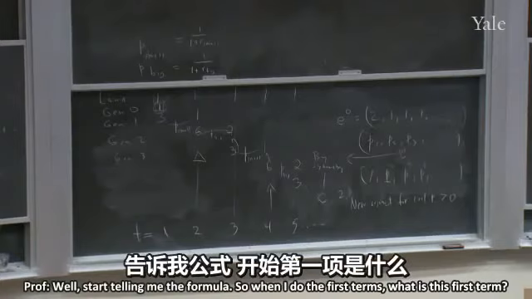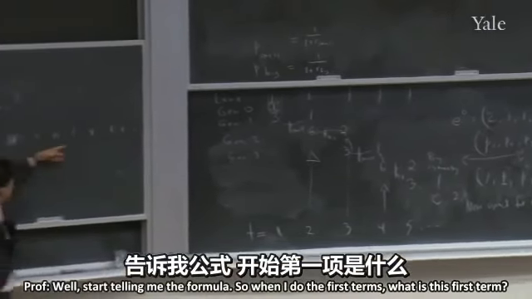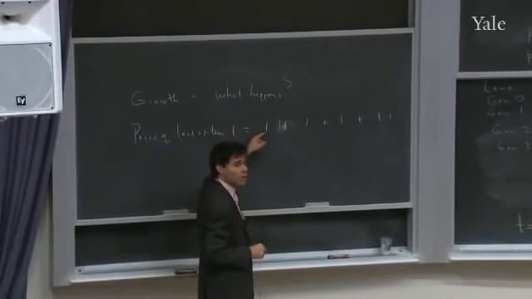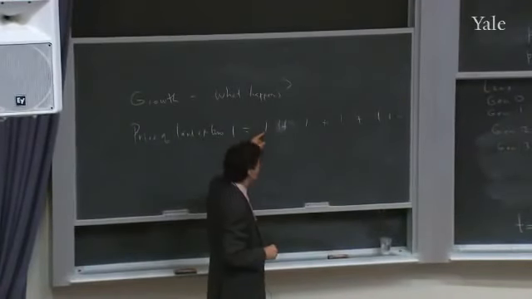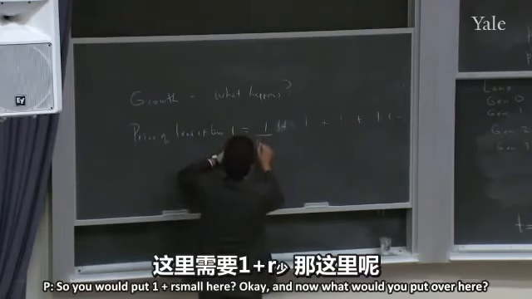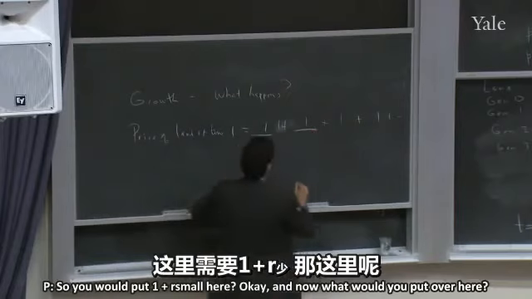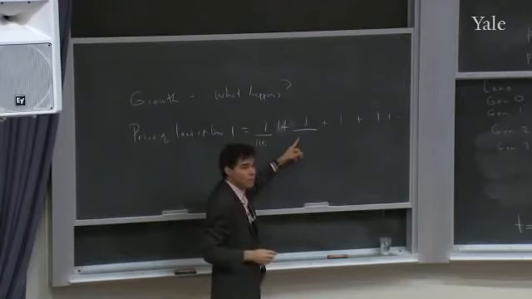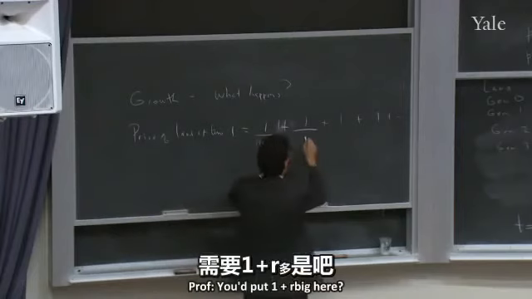Well, start telling me the formula. If I want to do the first terms, what is this first term? It's R of small. So you would put 1 plus R small here. Okay, and now what would you put over here? 1 plus R big. You'd put 1 plus R big here.